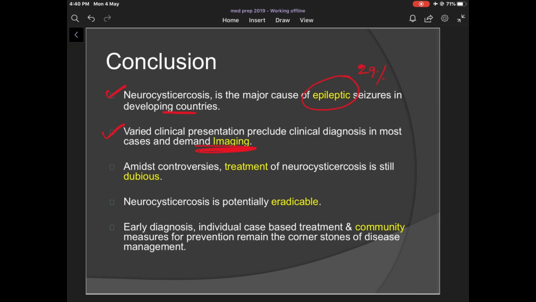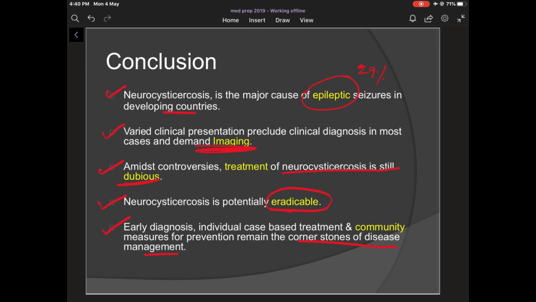Amidst the controversies, treatment of neurocysticercosis is still dubious, to say the least. Neurocysticercosis is potentially eradicable. It is very much preventable and eradicable. Early diagnosis, individual case-based treatment and community measures for prevention remain the cornerstone of disease management.